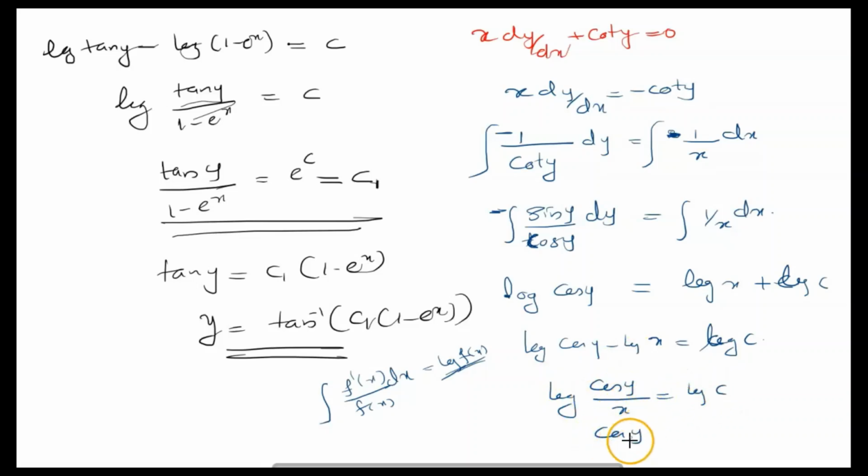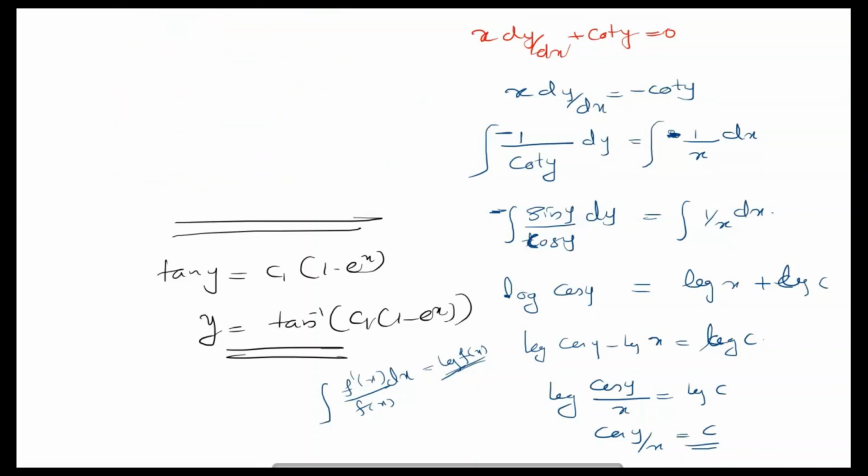That means cos y divided by x is c, or cos y is equal to c into x, or y is equal to cos inverse cx. So this is the solution.